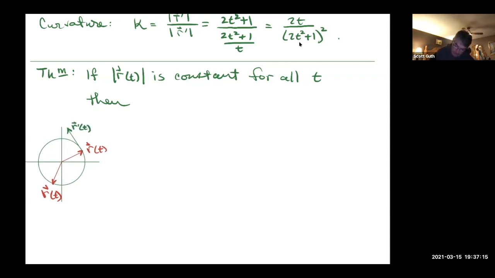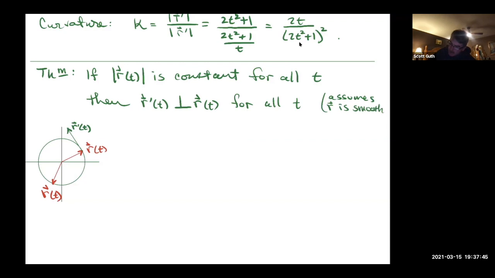So what the theorem just says is that r prime has to be perpendicular to r. So r prime of t is perpendicular to r of t for all t. And again, it assumes that this is a continuous curve, so it assumes r is smooth.